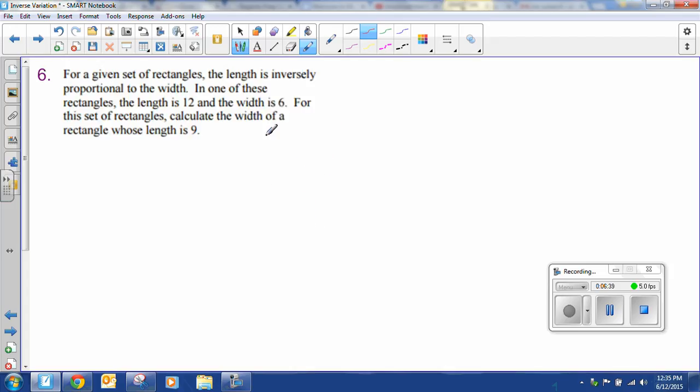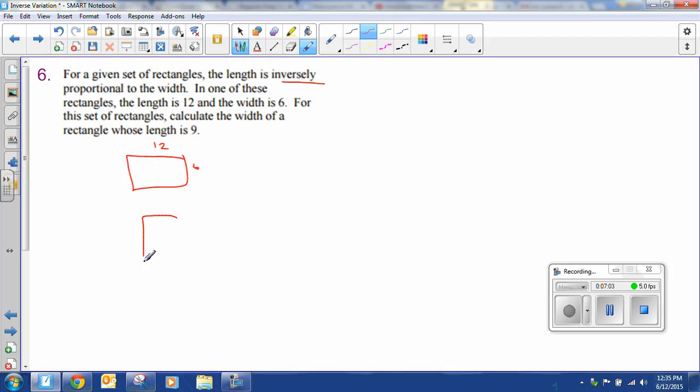Last one. Given a set of rectangles, the length is inversely proportional to the width. In one of these rectangles, the length is 12 and the width is 6. For the set of rectangles, calculate the width of a rectangle whose length is 9.